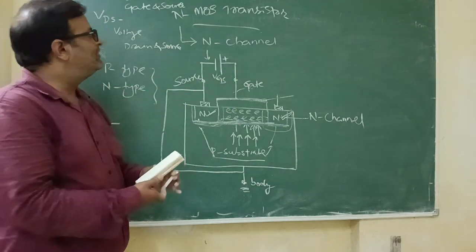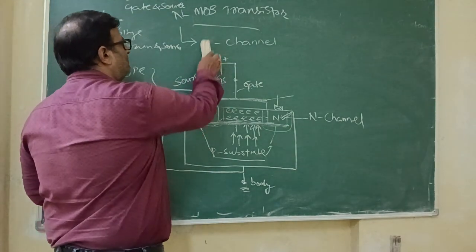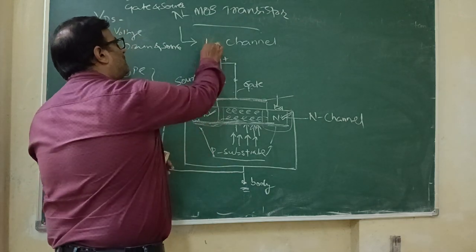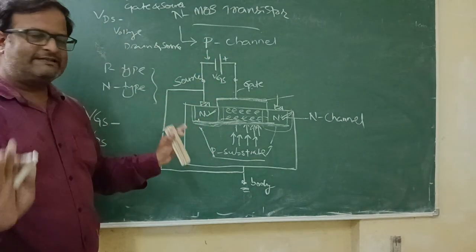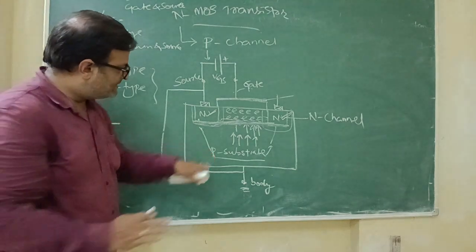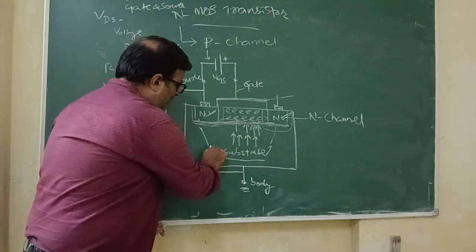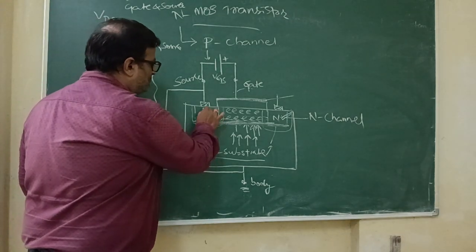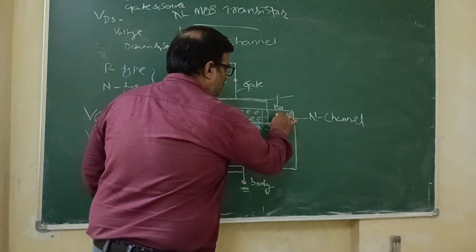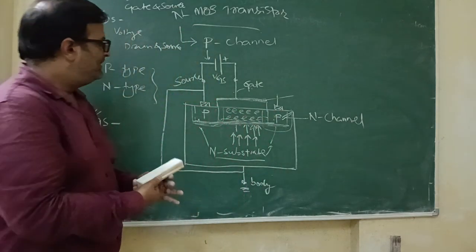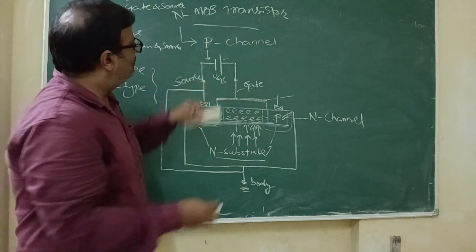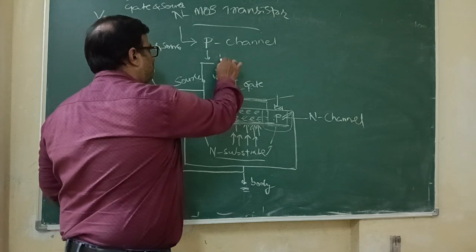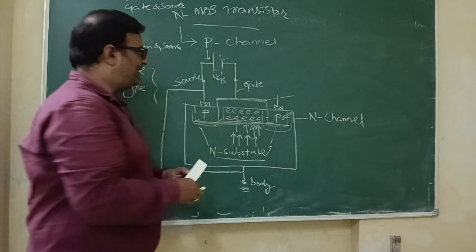Likewise, when we go for a P channel, the only change here is that the substrate will be changed from P to N, and here the N will be changed to P type. And if we apply a reverse voltage here, then what happened?